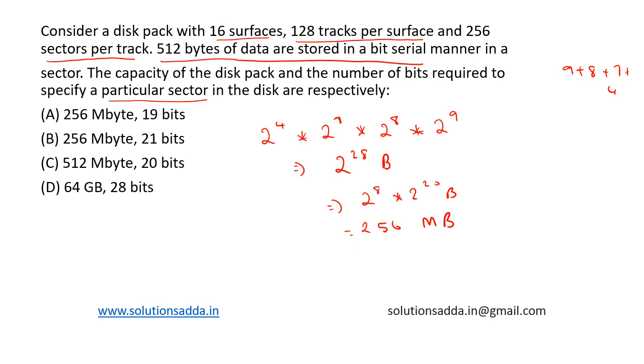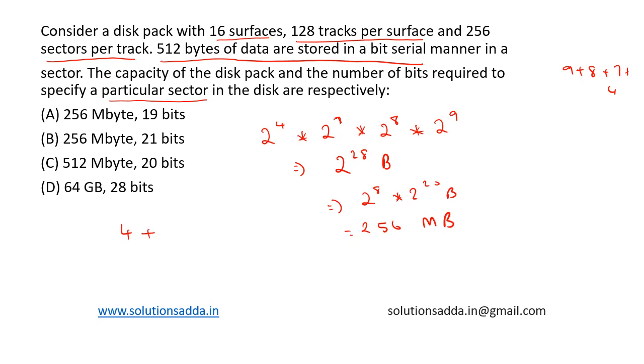Now we are asked to find out the number of bits required to specify a particular sector. To find a particular sector, we have to first find the surface, then which track we are looking into, and then that particular sector within the track. So we need how many bits? To identify a particular surface, we need 4 bits because 16 surfaces are there.